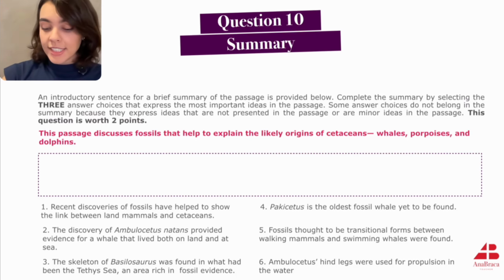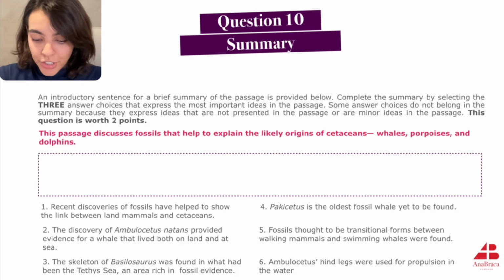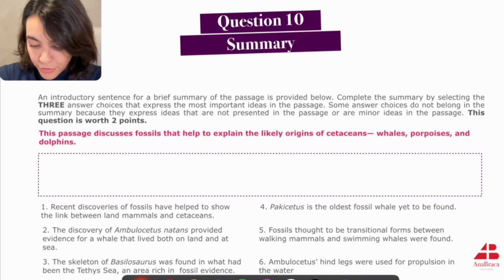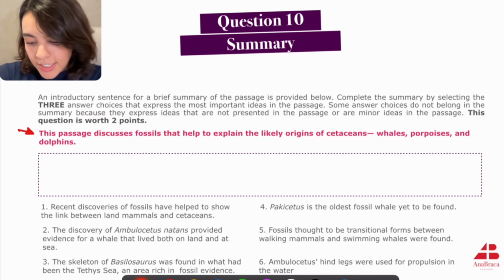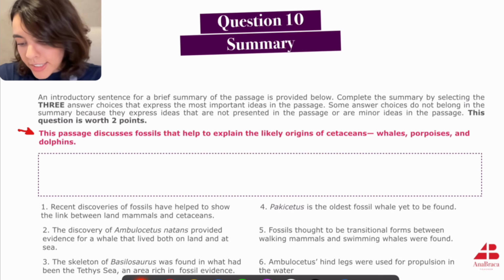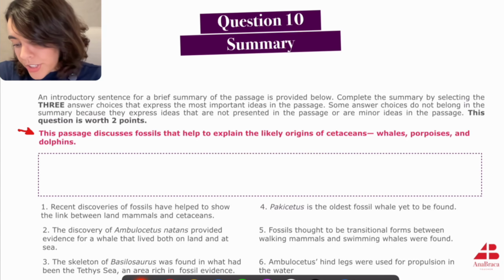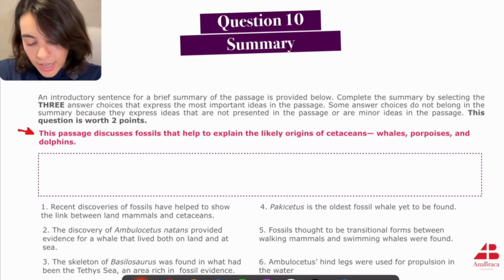Okay, so let's see this one here. We have always the first sentence of a summary. So these passages discuss fossils that help explain the likely origins of cetaceans, which are whales and so on.